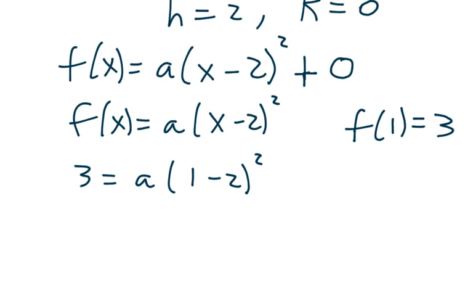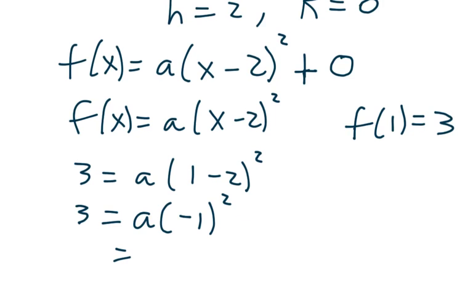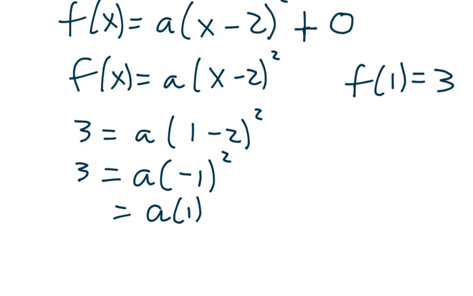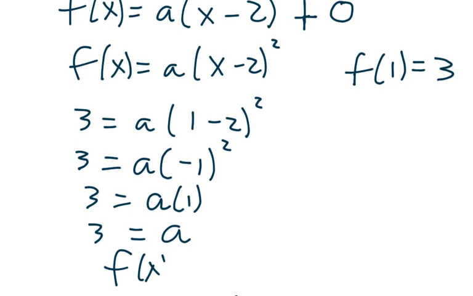Now, we have 3, we have a, 1 minus 2 is negative 1 squared, but negative 1 squared is just 1, so the right-hand side is really the same as just a times 1, which is still a. So now we know that a has to be 3. From here we get f of x is a, which is 3, times x minus 2 squared. And that's our quadratic function.